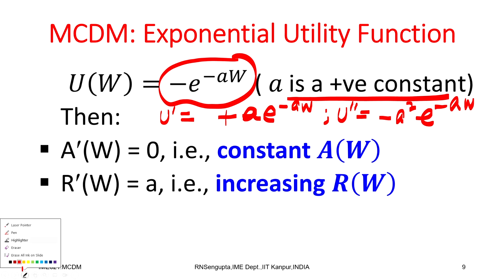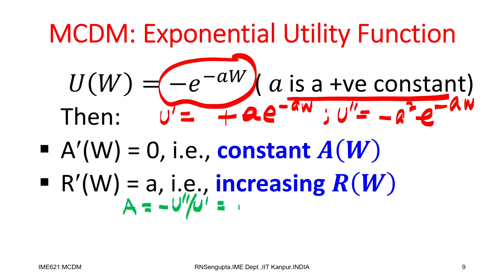So, if I calculate a, which is minus u double prime by u prime, it becomes a square e to the power minus a w divided by u prime, which is again plus a e to the power minus a w.